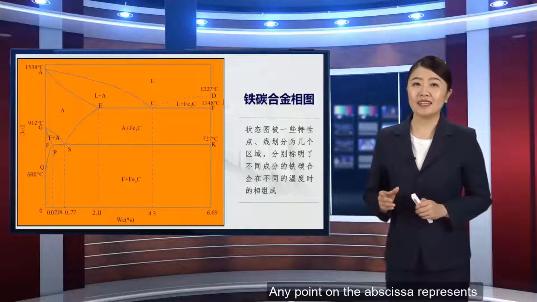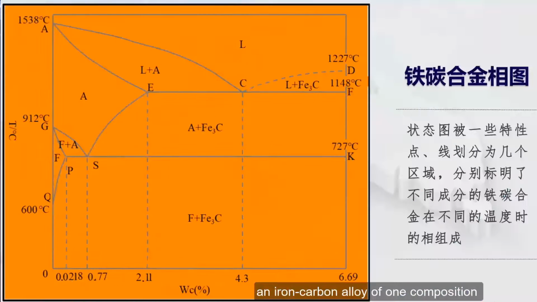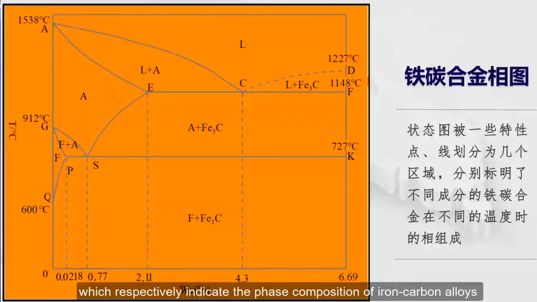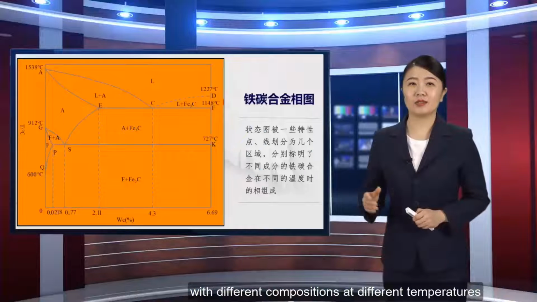Any point on the abscissa represents an iron-carbon alloy of one composition. The state diagram is divided into several regions by some characteristic points and lines, which respectively indicate the phase composition of iron-carbon alloys with different compositions at different temperatures.